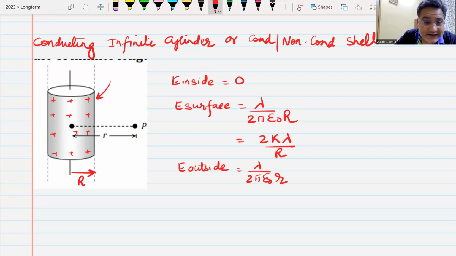This formula is exactly the same as the electric field due to an infinite wire. Am I clear? Yes, sir. Are we able to understand this, or is this going above our head? We understood, sir.